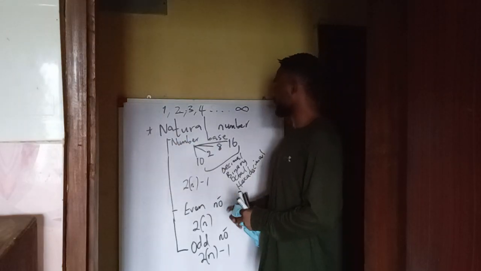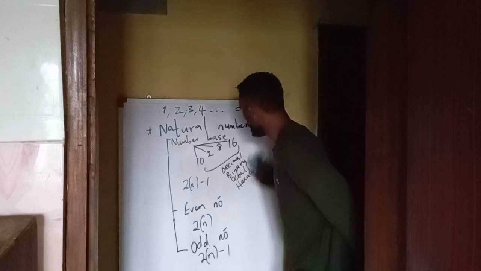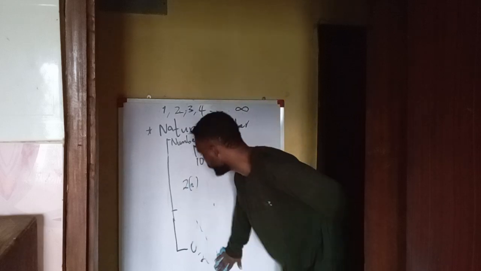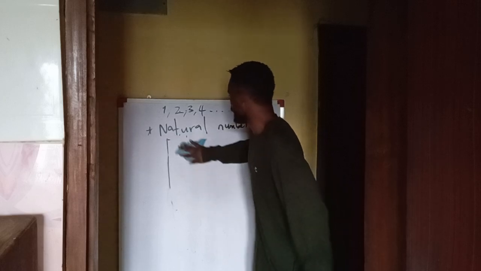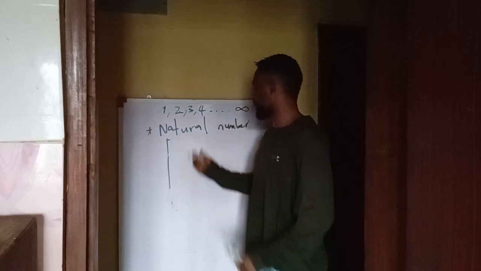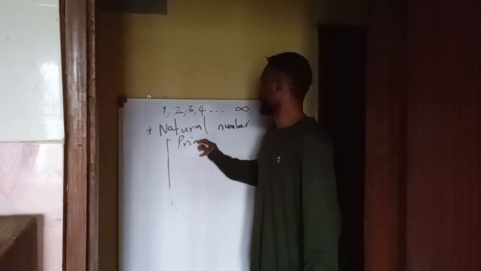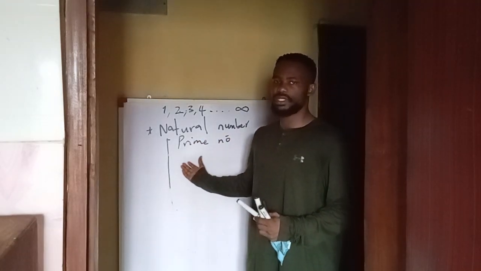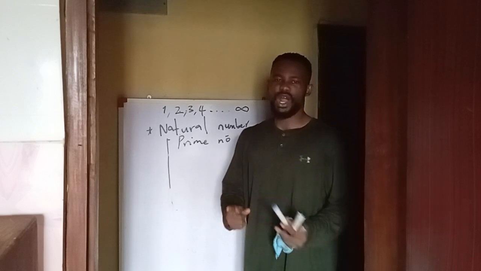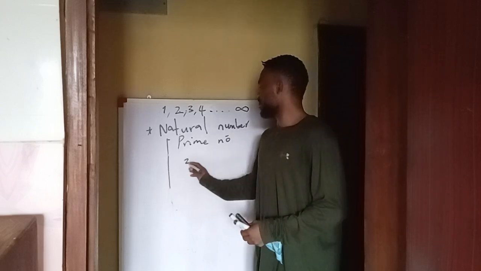So under these same natural numbers, okay, let me clean this. Under these same natural numbers, we have number systems. We have types of natural numbers like prime numbers. I would say that prime numbers are numbers that can only be divided by 1 and itself. An example is 3.